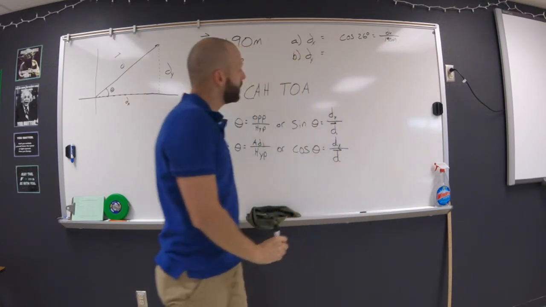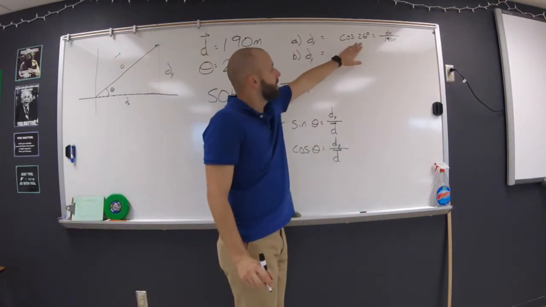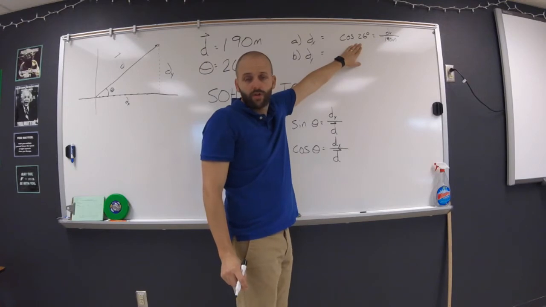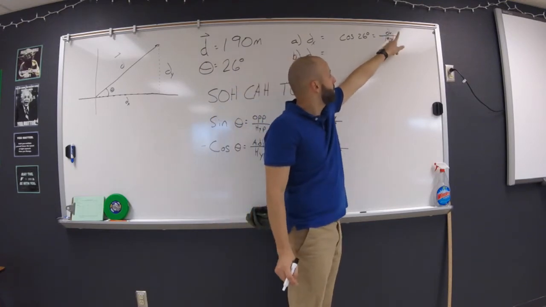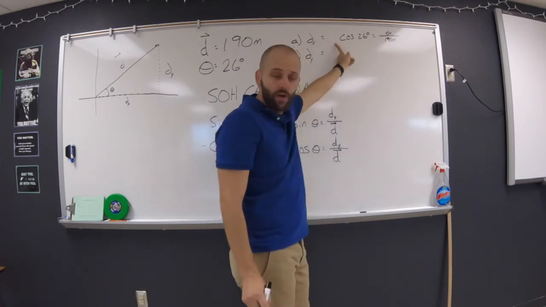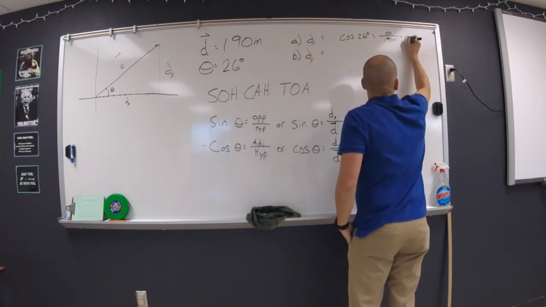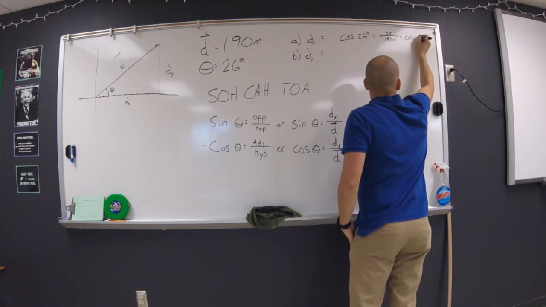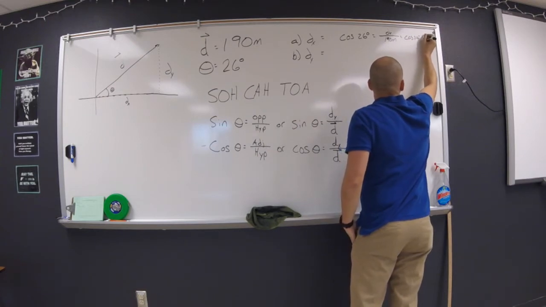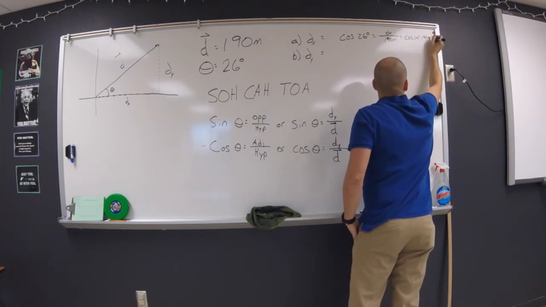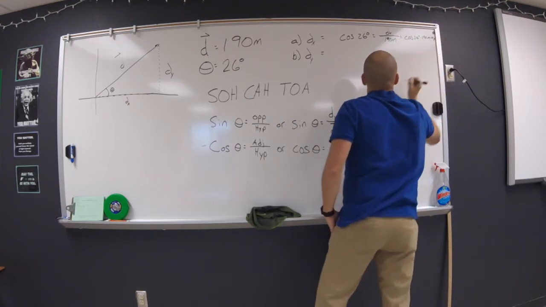This is pretty straightforward. We are trying to solve for that variable, so we multiply both sides by 190. So we get the cosine of 26 degrees times 190 is equal to dx.